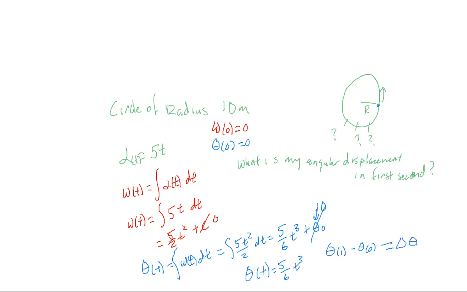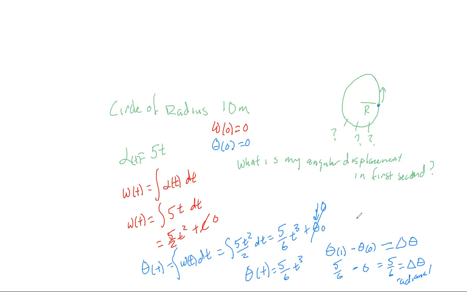Well, if I plug in 1 to this expression, I get 5/6, and this is a radian value. And I plug in a 0 and I get 0. So that's equal to 5/6, which is my angular displacement. 5/6 radians. Important to include the radians part.